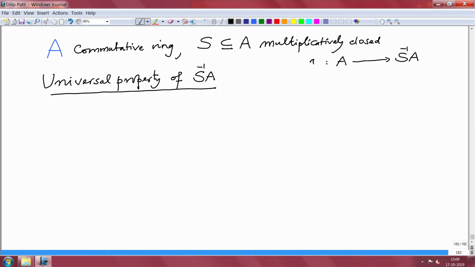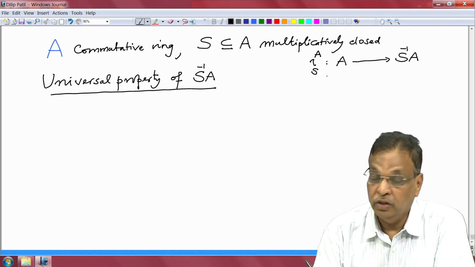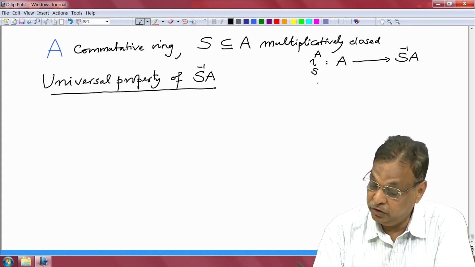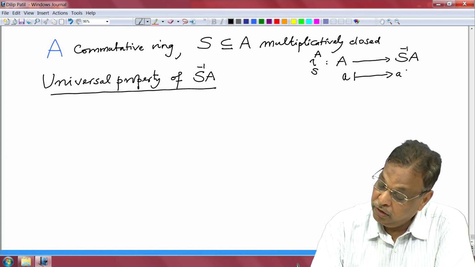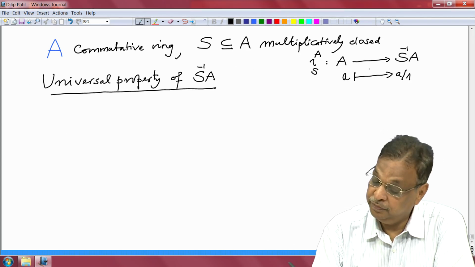This we have denoted by iota upper A lower S. But I am going to drop this when the ring is fixed and the multiplicatively closed set is also fixed. We will drop that in the notation, and this map is a going to a over 1, and this is a ring homomorphism.